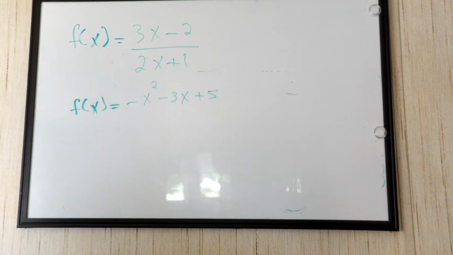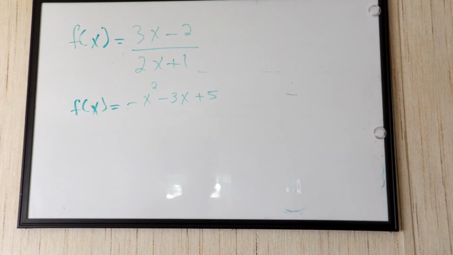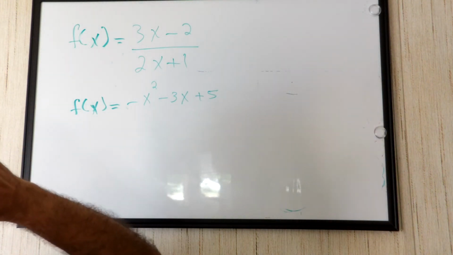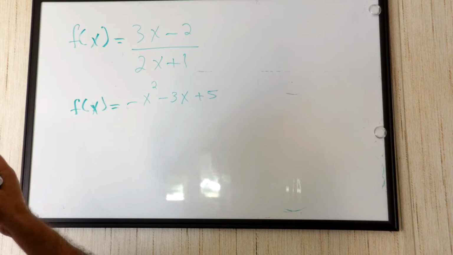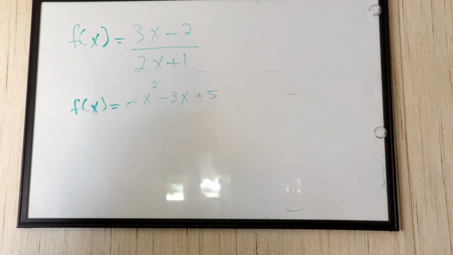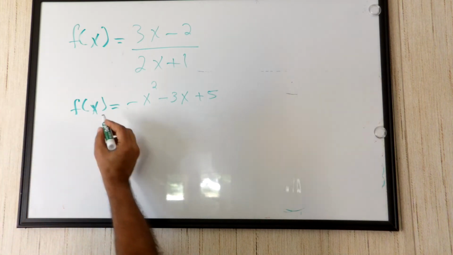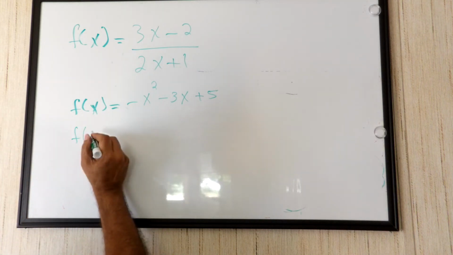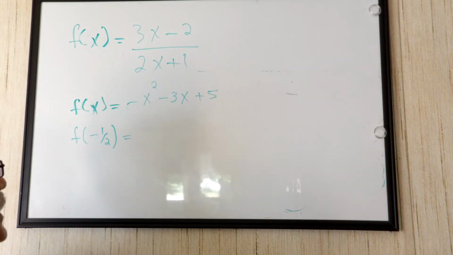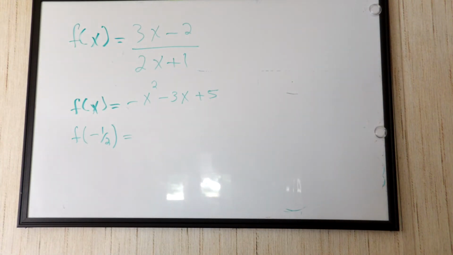So at this point, you're going to find f of x at minus 1 over 2. What's going to be the answer?